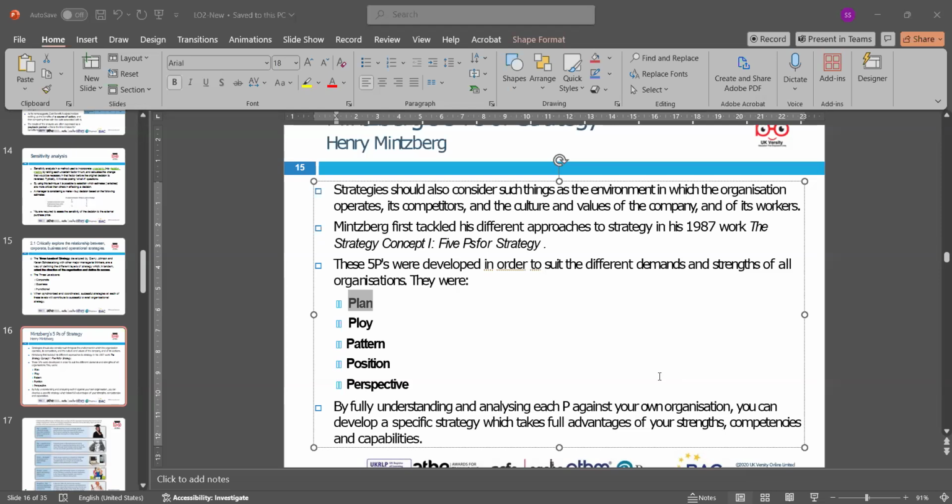This is also a kind of strategy, strategy as a ploy. It is just like a trick or clever move to beat a competitor. This is kind of a deceptive thing sometimes also, but it is a clever move, and sometimes it is a short-term tactic you are using in your business just to beat your competitor. For example, a business lowers prices for a short time just to scare away new competitors.